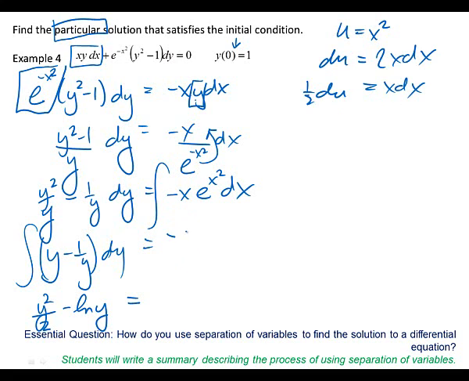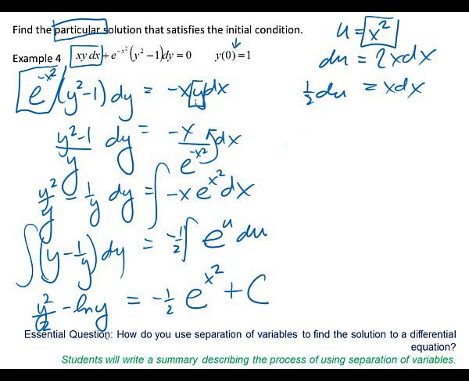Okay, so over here I've got a negative, and I've got e to the u, and then for the x dx we put in 1/2 du. All right, when I integrate e to the u, what do we get? E to the u, and instead of u, what are we going to write down? X squared plus c. All right, do not try to simplify that, okay?